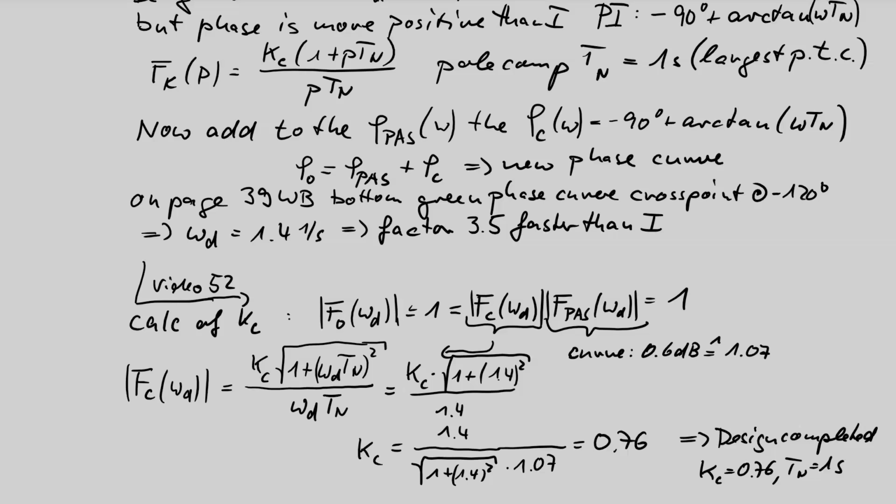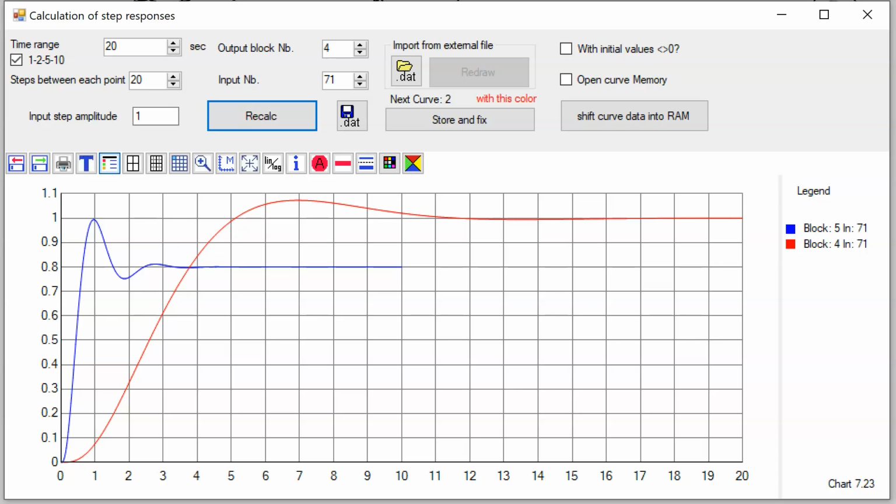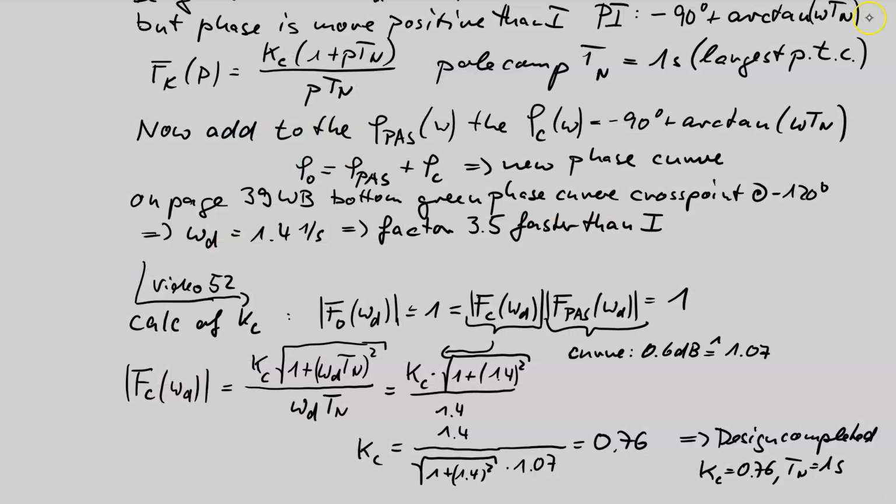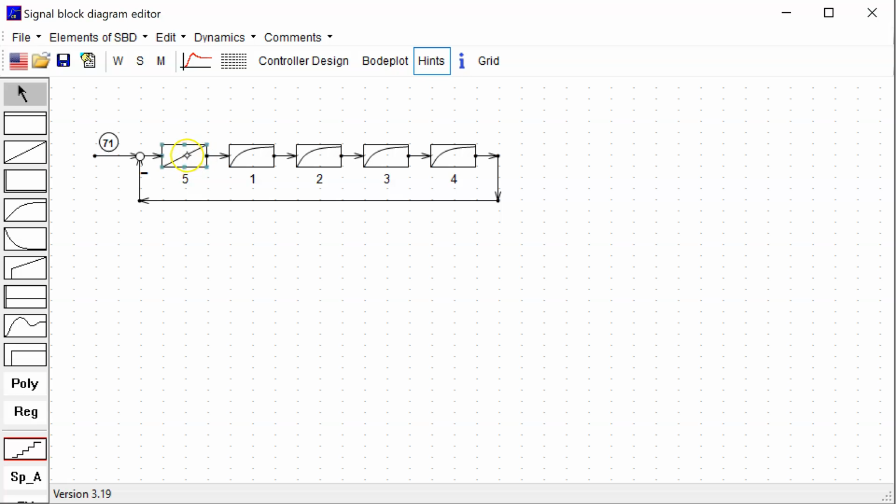So I go to this curve. I think we can do the comparison with my integrator, and before we do this we have to replace our I block. I mark it, you see the points here, click the delete button, and add now the PI block here.